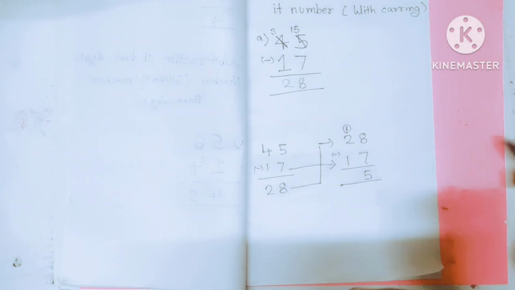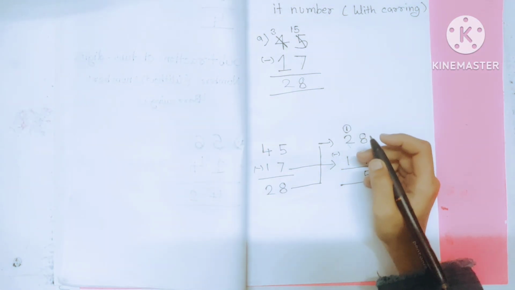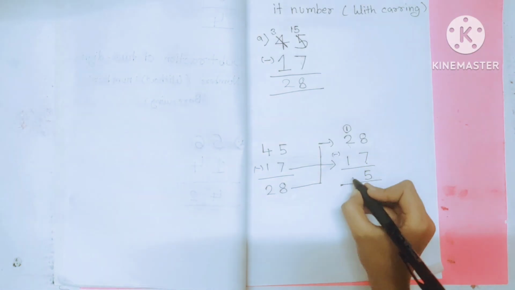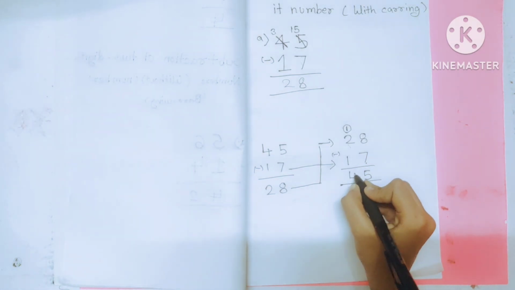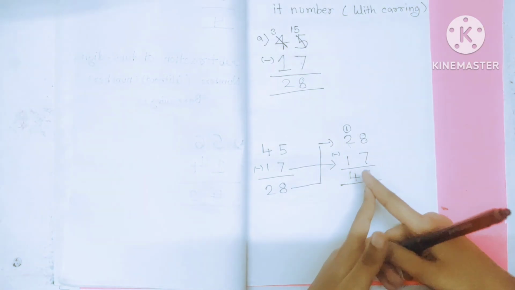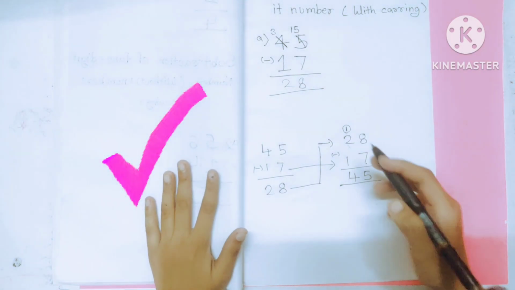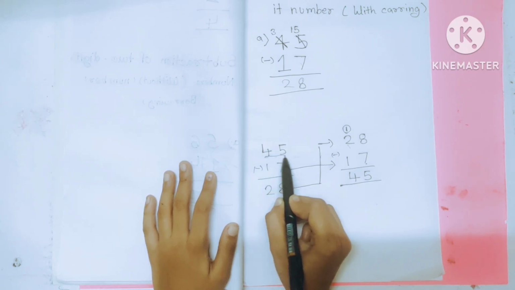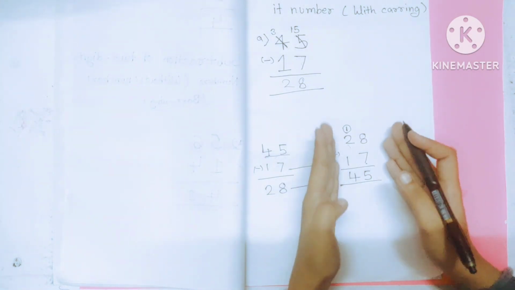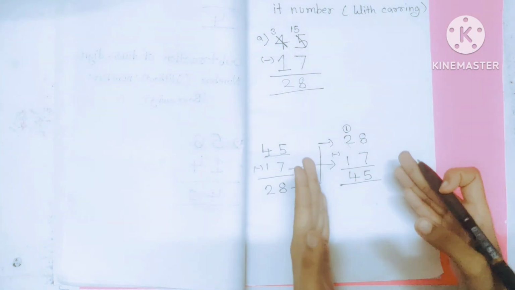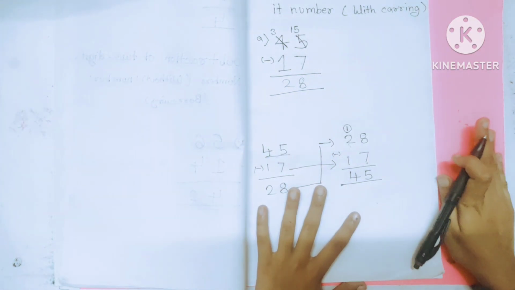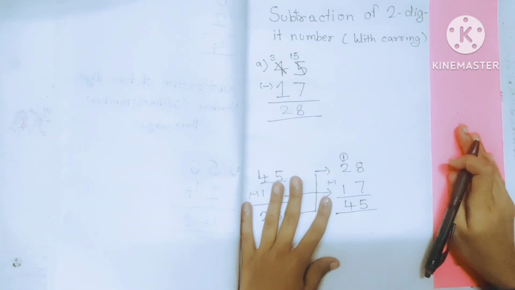So you got it? 3, then 4. So 45. This is correct because the first number was 45, and when we add these both we get 45. So the subtraction is correct.